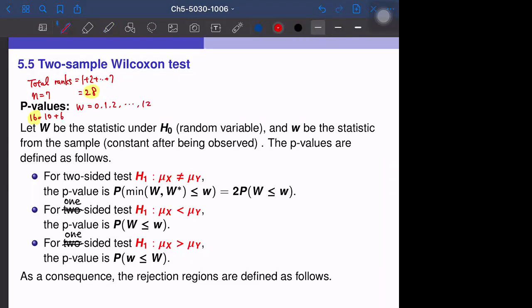The distribution of W is just a histogram of the 13 possible values from 0 to 12.